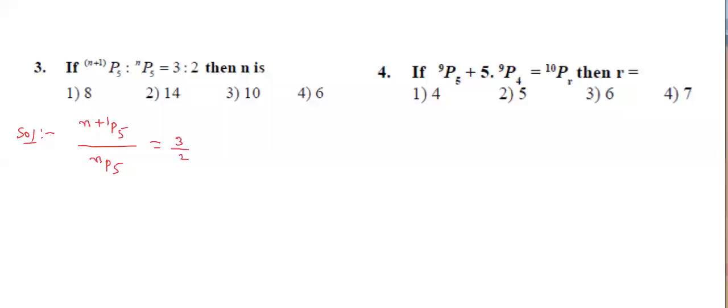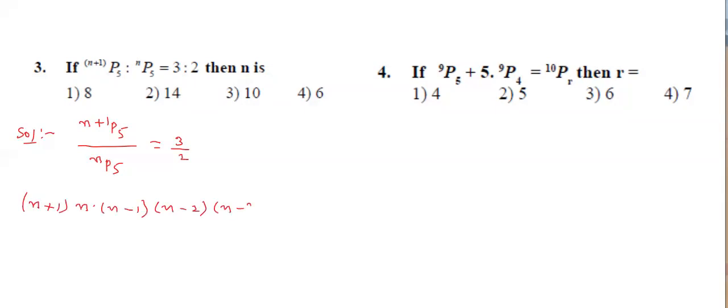Here, students, use the nPr formula or another method. (n+1)P5 means n plus 1 decreasing 5 times. n plus 1, next n, next n minus 1, n minus 2, n minus 3.